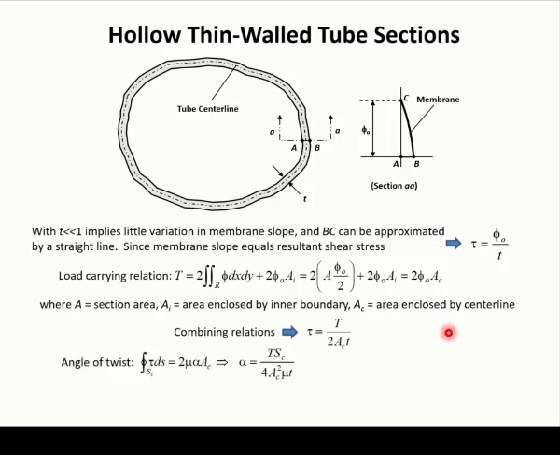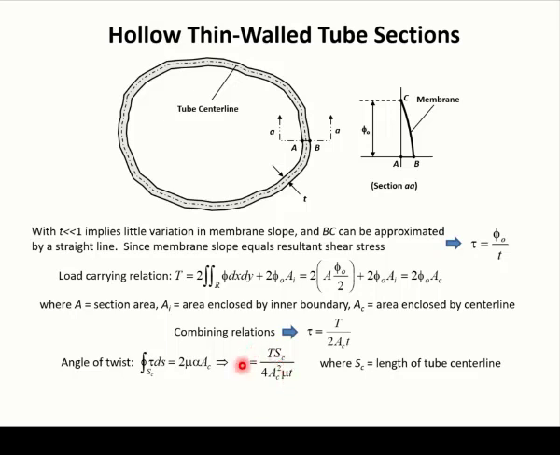And if you want to find your angle of twist, I can use this equation. If I integrate all my shear stress along the surface, I can write this equation, and from there I can get that my angle of twist is equal to my torque times the length of the tube's center line, divided by 4 times the area enclosed by the center line squared, times mu, times the thickness.